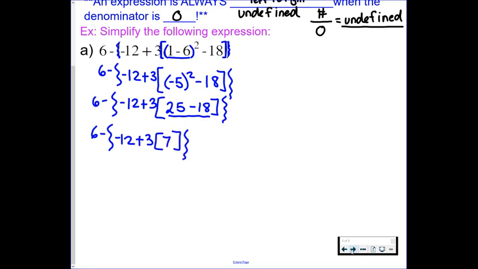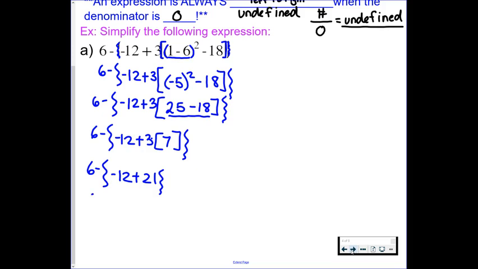Notice how I'm bringing everything down each step. That way I don't lose track of my signs. Okay, let's keep going with the brackets and the curly brackets on the outside. Next, we're going to do 3 times 7 because that's multiplication. 3 times 7 is 21. Okay, next let's do the curly brackets.